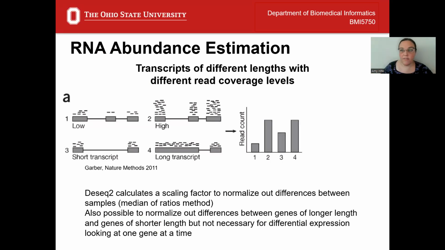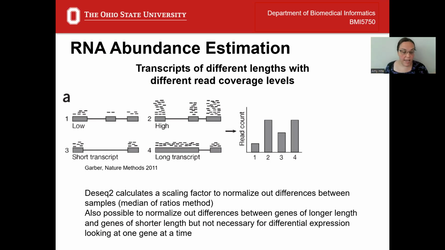We have a way of handling this because a low number of counts just overall in 1 sample and a high number of counts just overall in another sample is going to follow through onto our gene-wise counts.